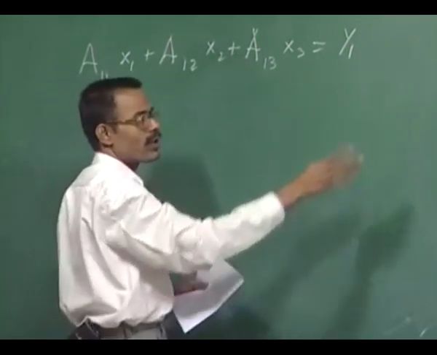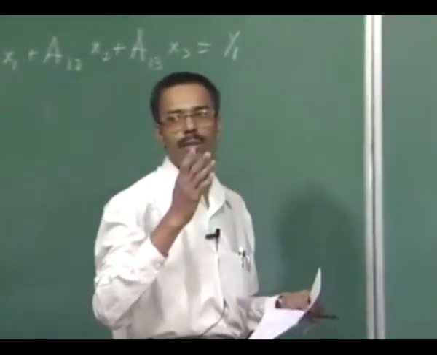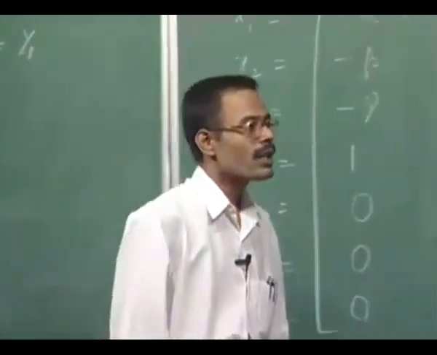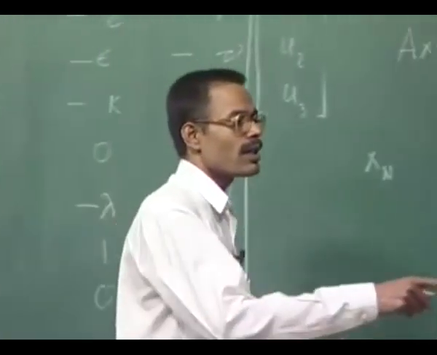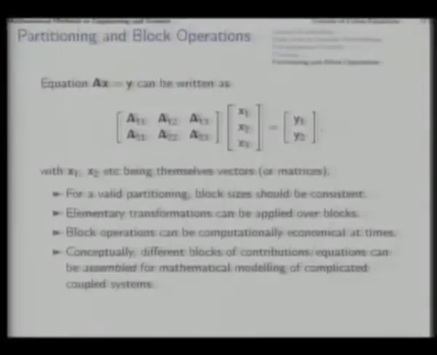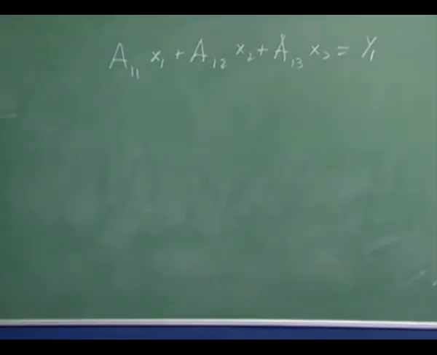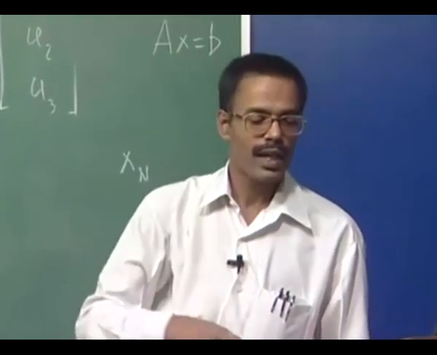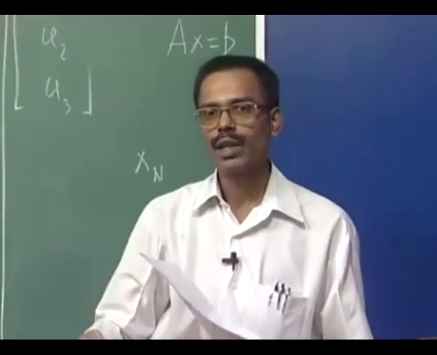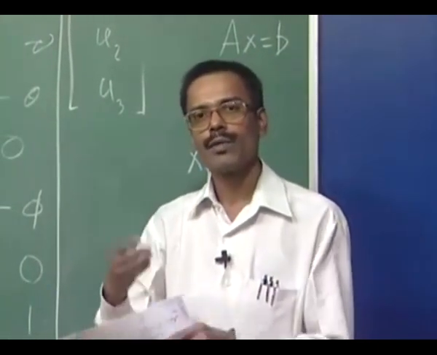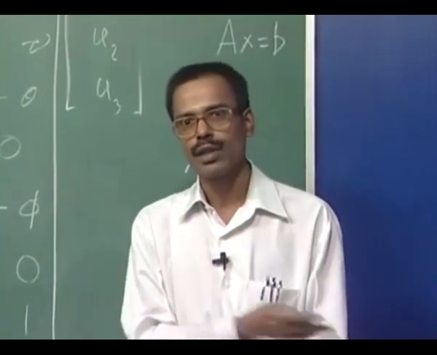On both sides we have vectors or matrices of the appropriate correct sizes. Similarly, there will be a second row block from here. This kind of partitioning and block operations can be carried out over complete blocks, and these operations help a lot in theoretical developments and selective solution of certain unknowns through elimination of others.